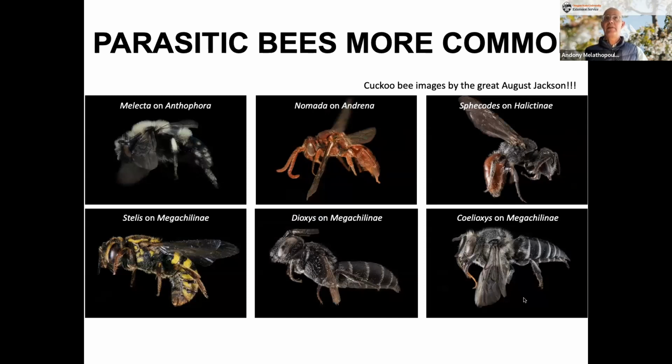The Melecta, for example, are parasites on bees of the genus Anthophora. What I mean by parasite is all they do in their life, they emerge and they look for the nest of a bee from the genus Anthophora. They'll climb down the nest, they'll lay an egg, they'll take off. They don't make their own nests.